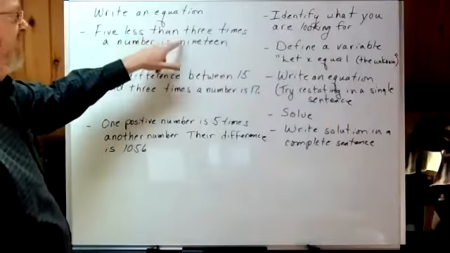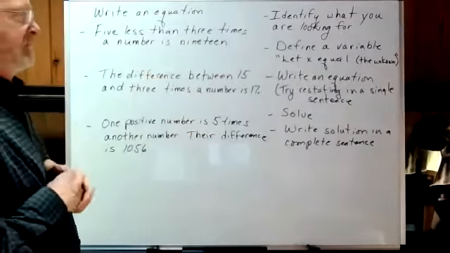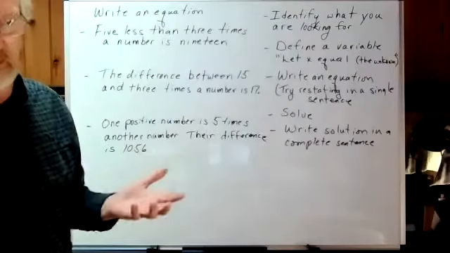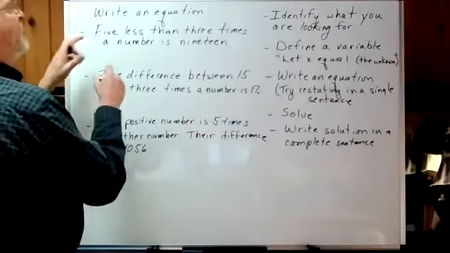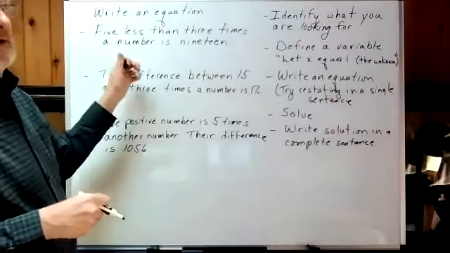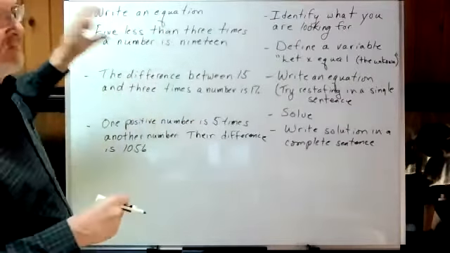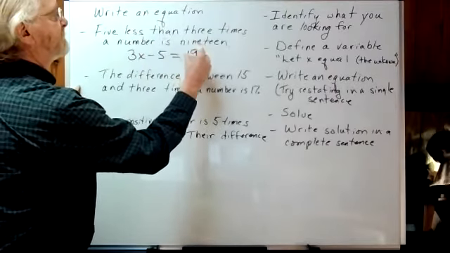So 5 less than 3 times a number. 2 different parts right there. 3 times a number, the unknown, 3x. 5 less than that quantity means you have to write that other quantity first and then subtract the 5 from it. So 3x minus 5 is 19.